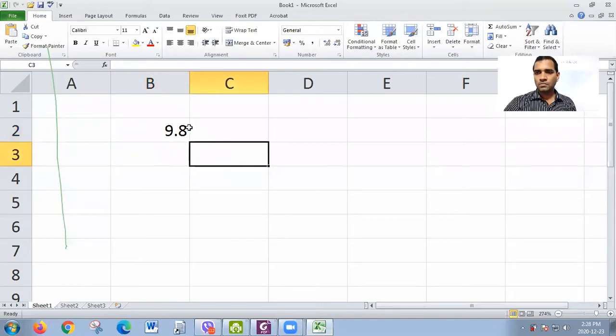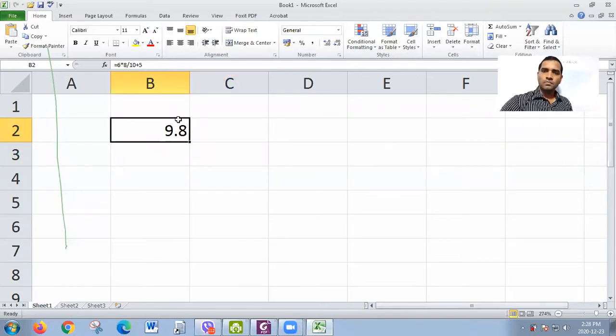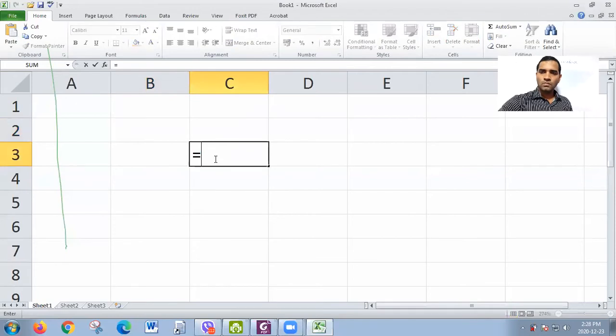Let's try another one. Equal 6 asterisk 6 minus 7 bracket 6 plus 6 divided by 3.